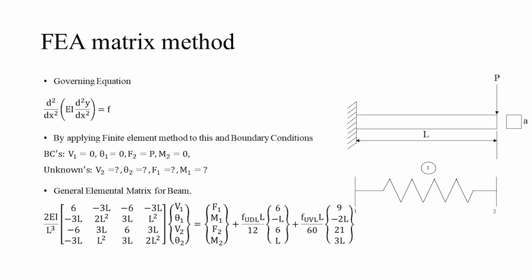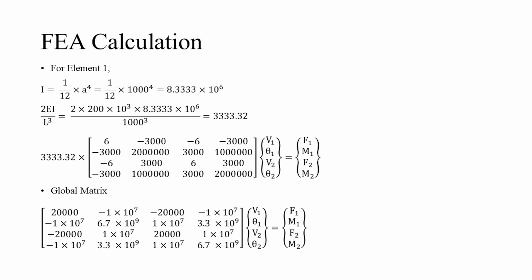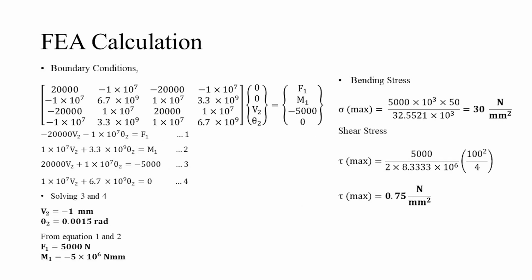The governing equation for beams is shown, and using the finite element method and boundary conditions, a general elemental matrix can be obtained. For this problem, we will consider one element. We write the elemental matrix for the element by applying the boundary conditions, which are as follows. Since node 1 is a fixed support, both the theta and vertical deflection will be 0.